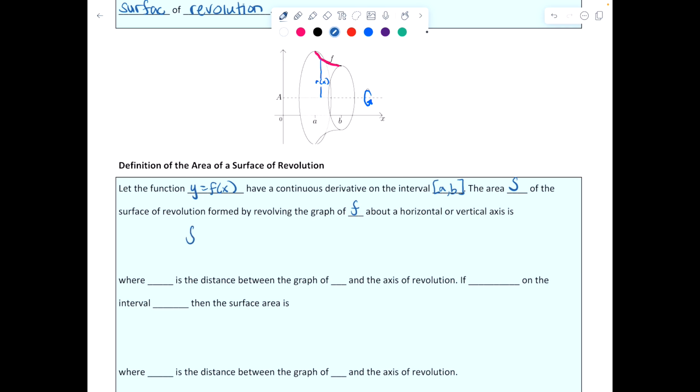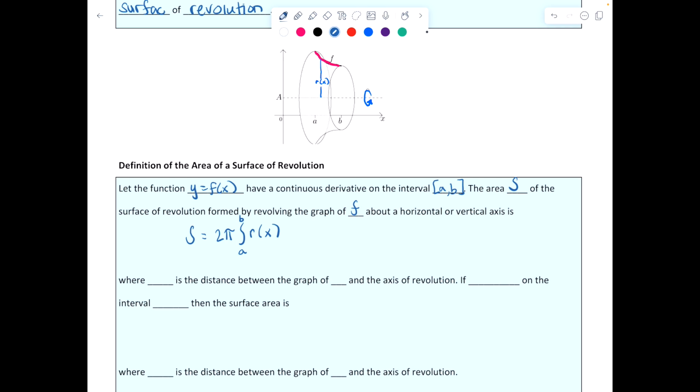S is equal to 2 pi, because you've done a full revolution making a circle, okay? So remember, this is multiplied by 2 pi from that revolution all the way around, and then the integral from a to b of r of x. Oftentimes that ends up just being x or just being y, so don't make it harder than it is, all right?